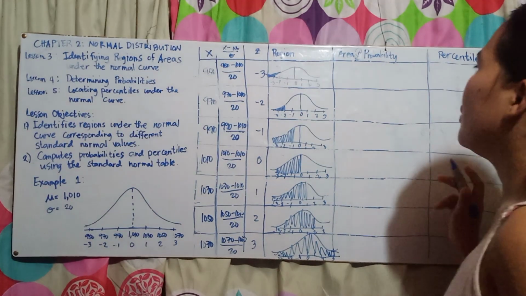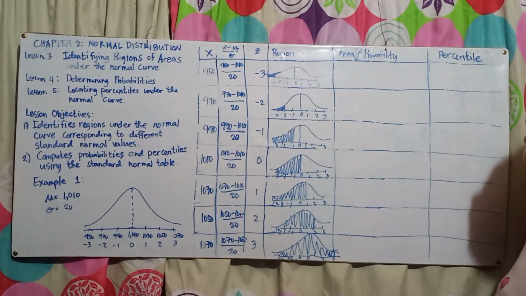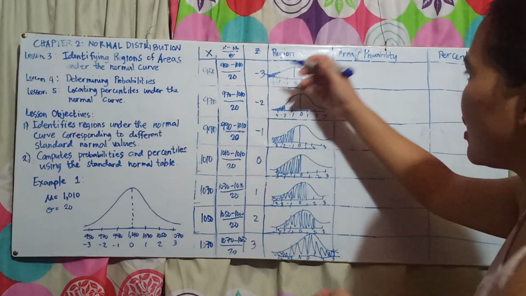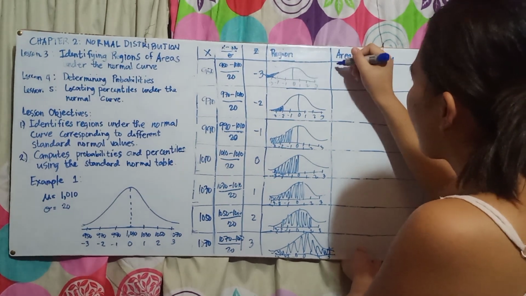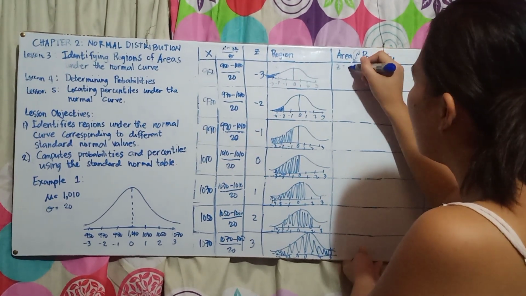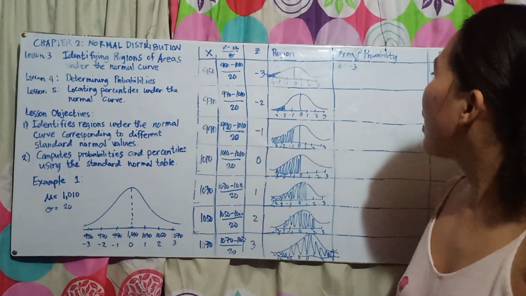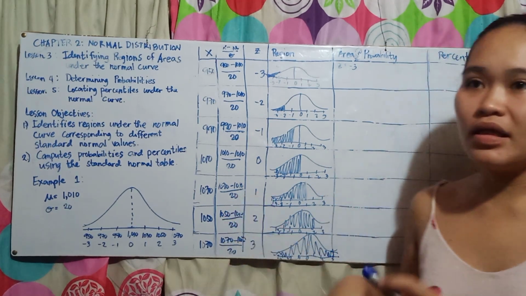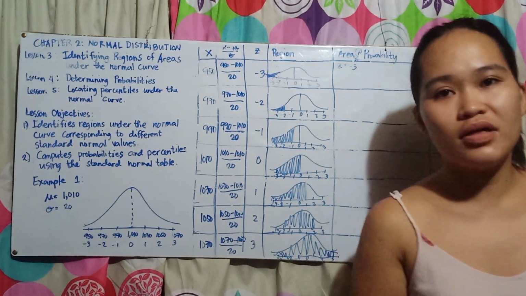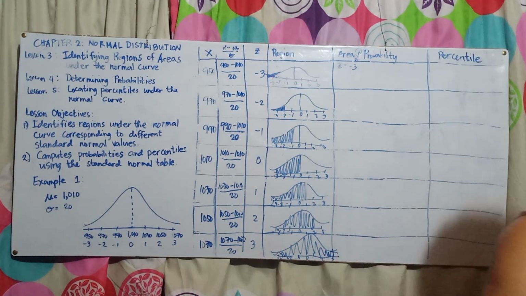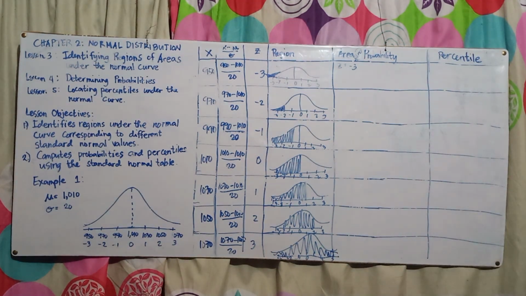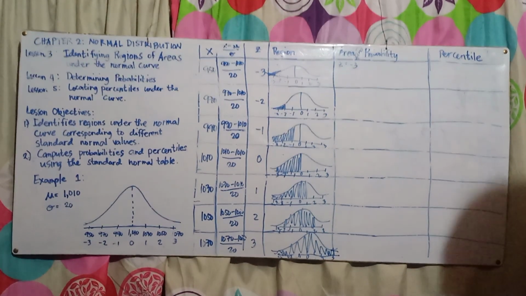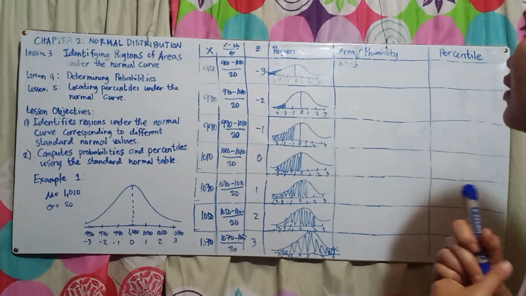So, yan lang yung identifying region. So, next is area and probability. So, sa area and probability, since ang given is Z equals negative 3, hahanapin natin itong Z equals negative 3 sa ating table. Yung gisend ko sa inyo na table of standard normal curve. Okay, so ang given z-score is z equals negative 3.